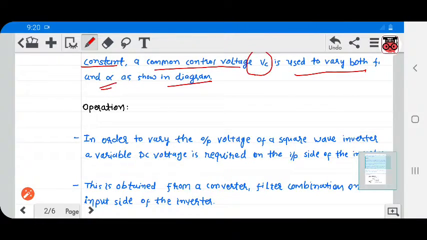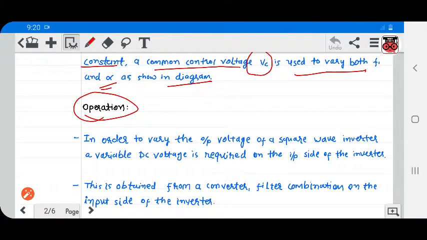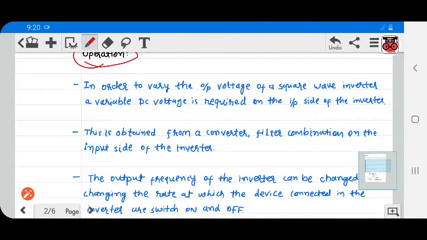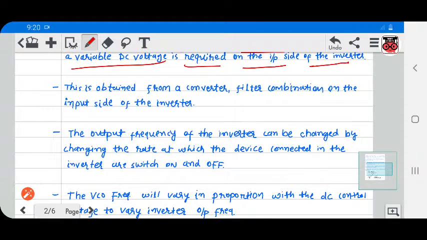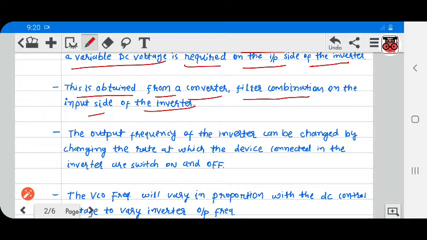the previous diagram. Now, operation. In order to vary the output voltage of a square wave inverter, a variable DC voltage is required on the input side of the inverter. This is obtained from a converter filter combination on the input side of the inverter.